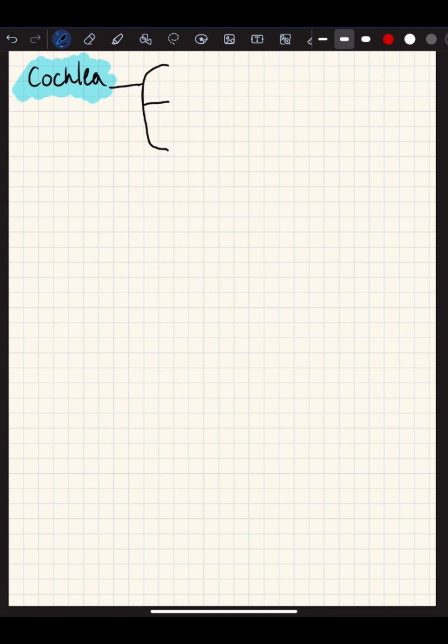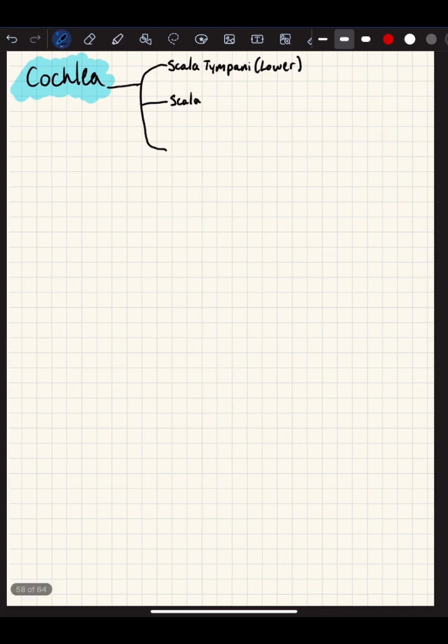Now, you've got the lowermost layer being the scala tympani. I'm just going to label that real quick for y'all's reference. And then you've got the middle portion, which is labeled rightly so, the scala media.